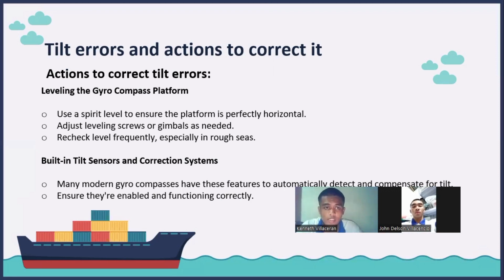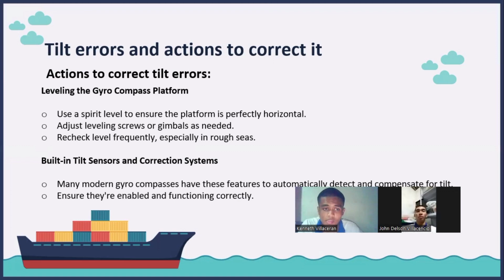Actions to correct tilt errors: leveling the gyro compass platform. Use a spirit level to ensure the platform is perfectly horizontal, adjusting level screws or gimbals as needed in correcting tilt errors. Third is to recheck the level frequently, especially in rough seas, like I said before.